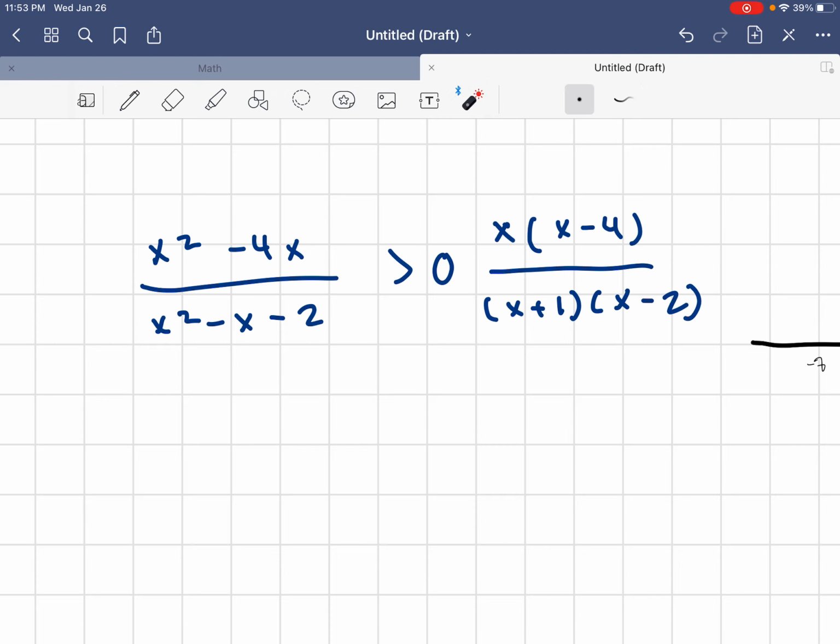Okay, so plus 1 and negative 2 are factors of negative 2 because negative 2 times 1 is negative 2. And they add, plus 1 minus 2, to make negative 1. Okay, so we can cancel.